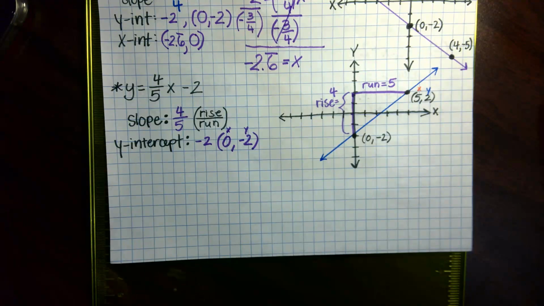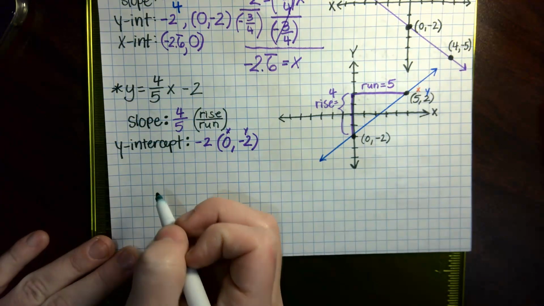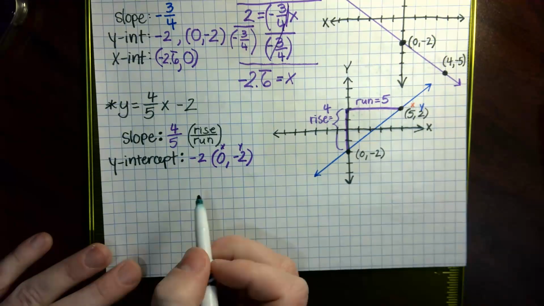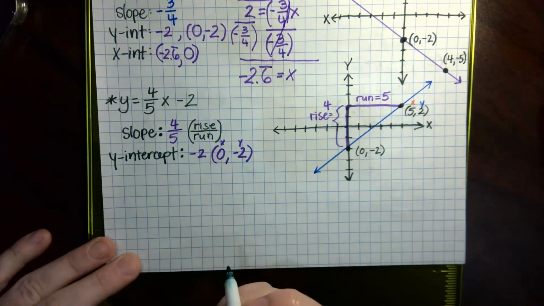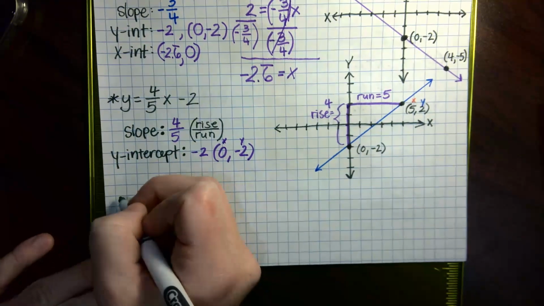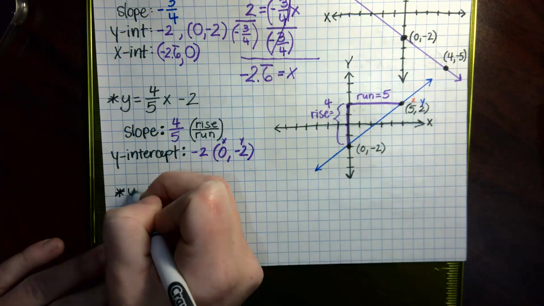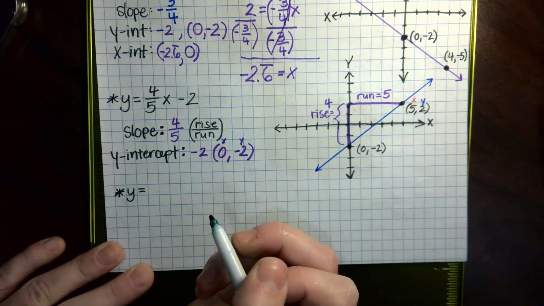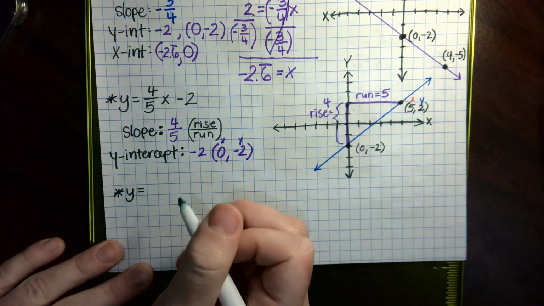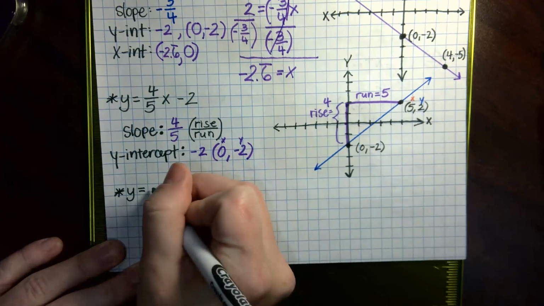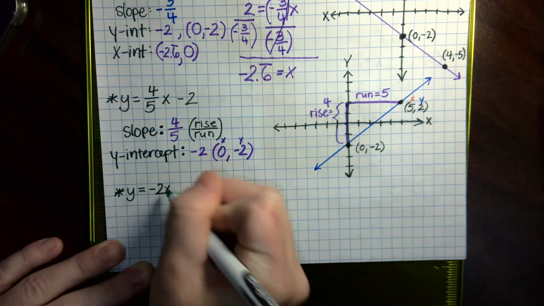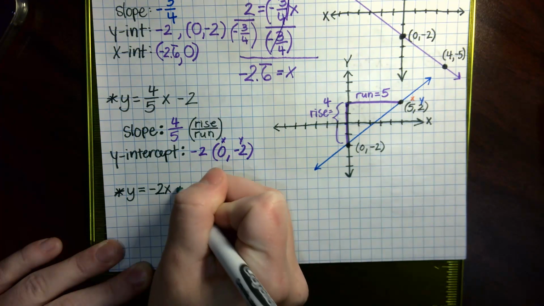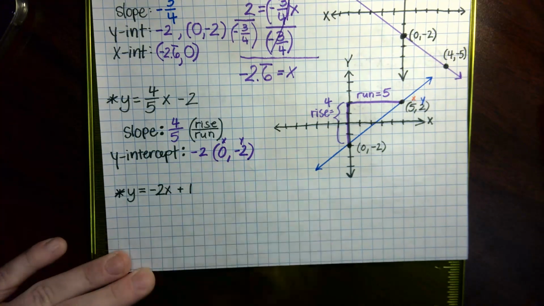Let's do one more together. Y equals negative 2x plus 1.